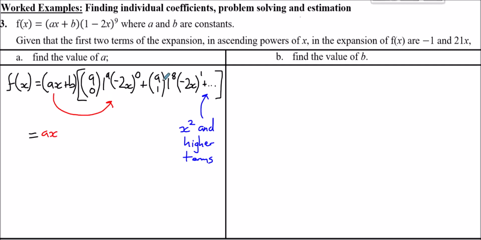And this term here, 9 choose 1 is 9, 1 to the 8 is 1, -2 to the power 1 is just -2. So 9 times 1 times -2 is -18x. And so if we multiply ax by -18x, we're going to have -18ax squared.